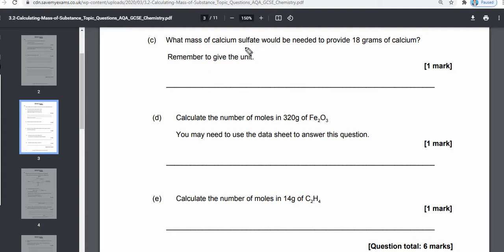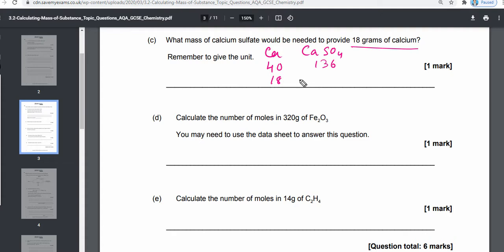Alright, so in this one it says what mass of calcium sulfate would be needed to produce 18 gram of calcium. Okay, so to do this one, I'll write calcium over here and calcium sulfate over here. Now 40 gram of calcium produces 136 gram of calcium sulfate, as we have just seen.